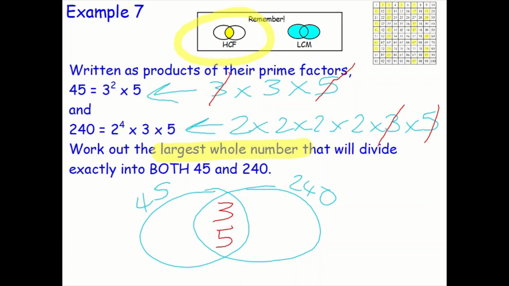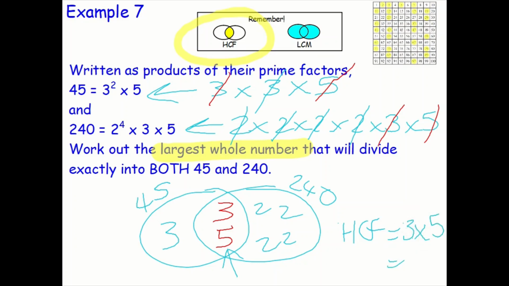And that's all that's common to both. So I'm going to put my remaining 2's over here, and a 3 over here. Largest whole number is code for the HCF, which of course is the overlap, the product of the overlap. 3 times 5, which is 15.